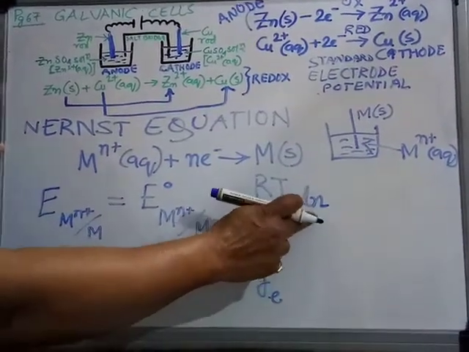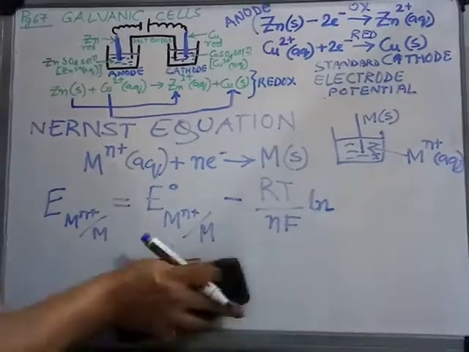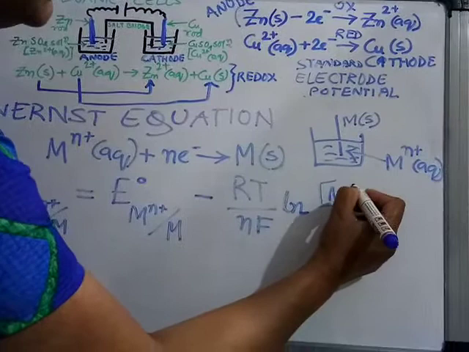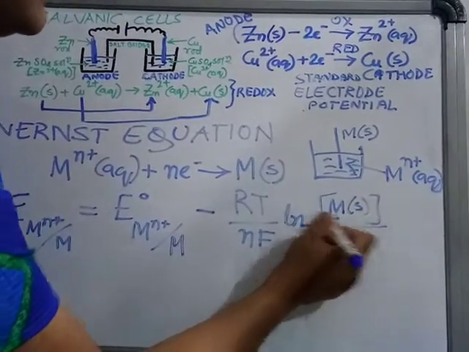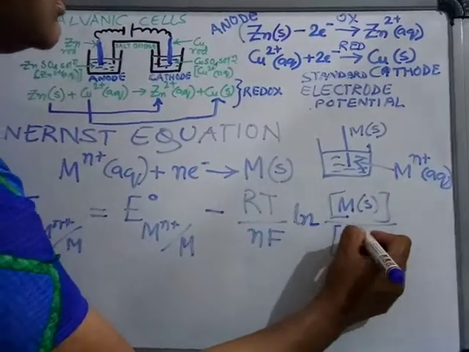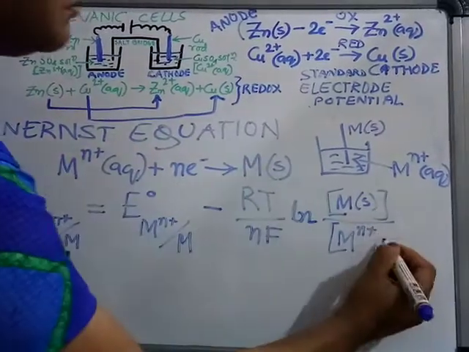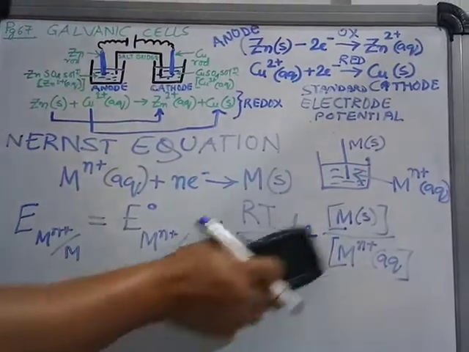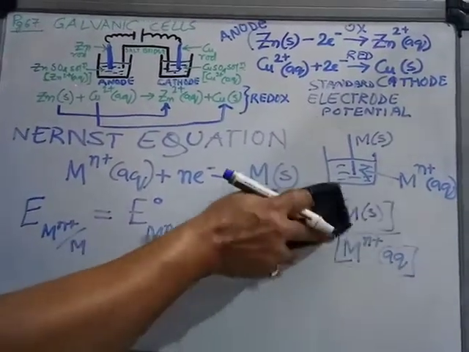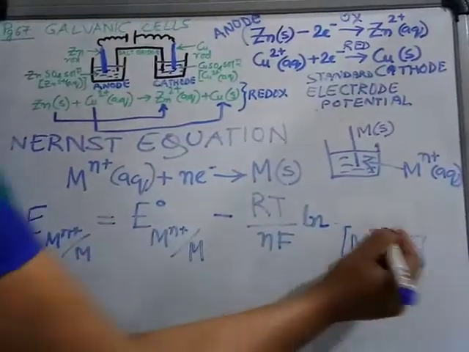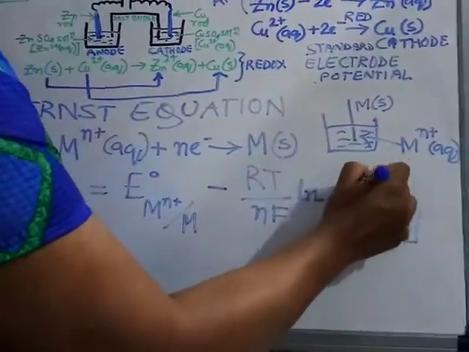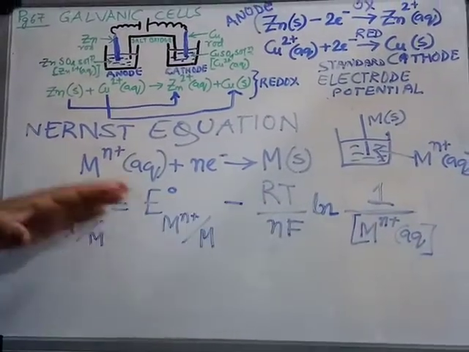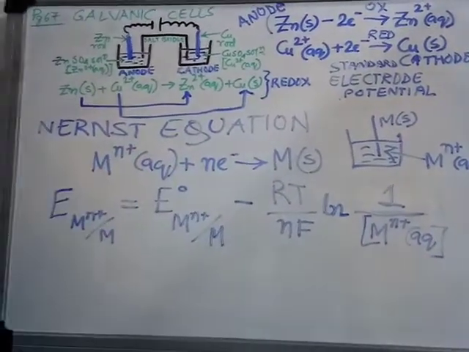Log base e is represented as ln. So ln of the concentration of this metal which is in the solid form, divided by the concentration of Mn+ in aqueous form. Now always remember, concentration of any solid is taken to be unity. So this goes missing and we write 1 out here. So this is the Nernst equation for a general reaction like this.